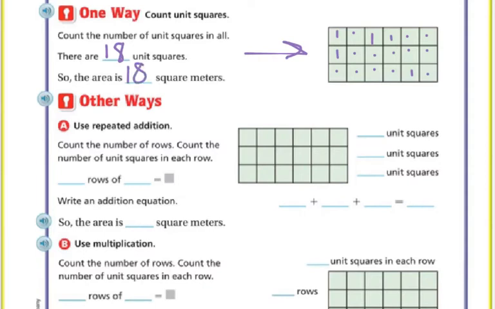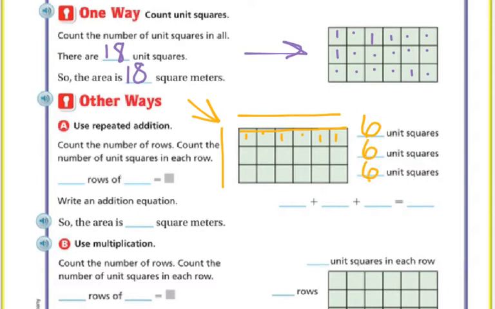Okay, way number 2. Notice that this is how we set up arrays. We set them up by rows and columns. And so we can count this top row, 1, 2, 3, 4, 5, 6. 6 unit squares. So if this row has 6 unit squares, then I know this one does, and this one as well.